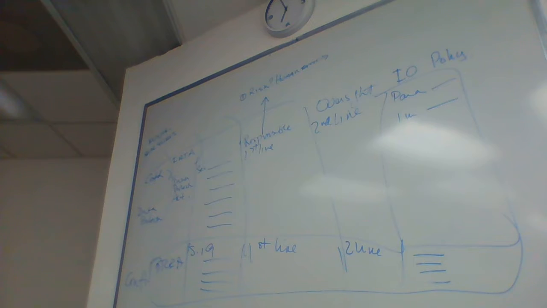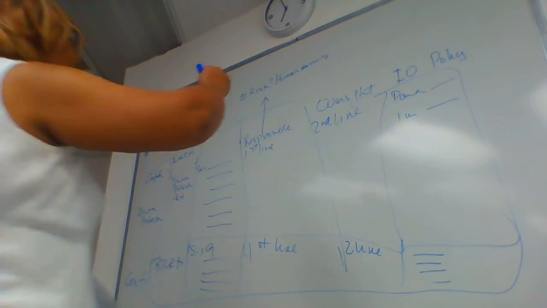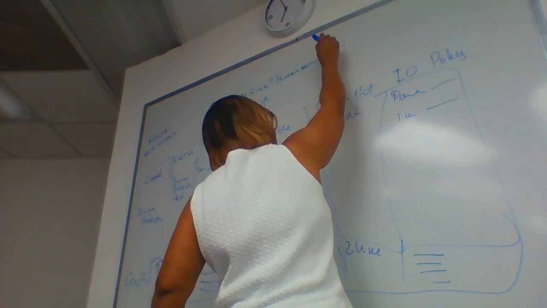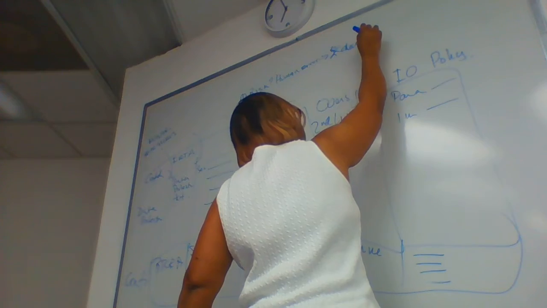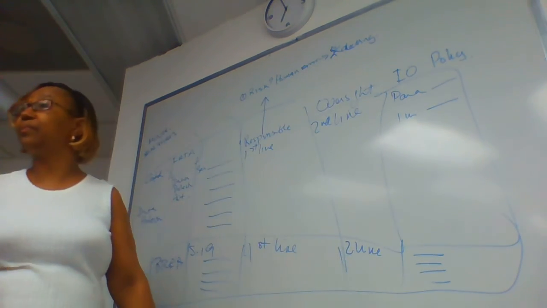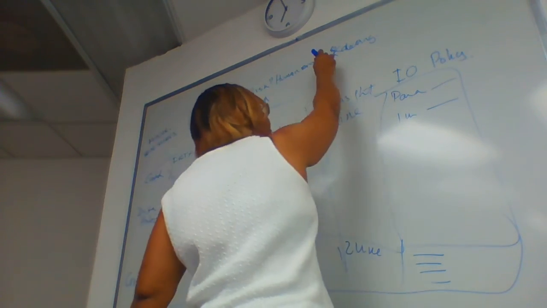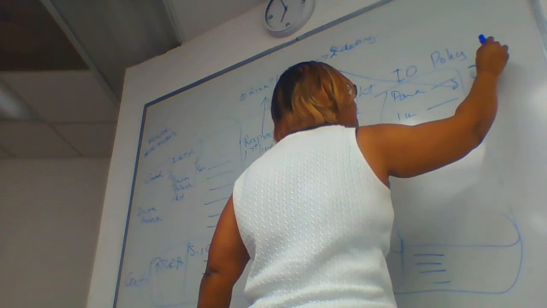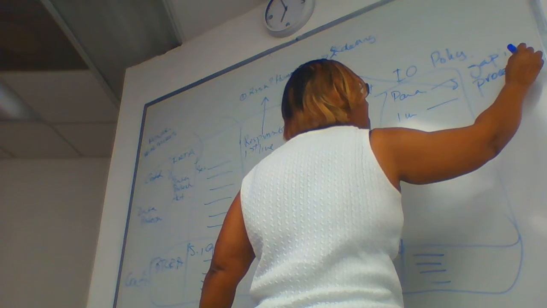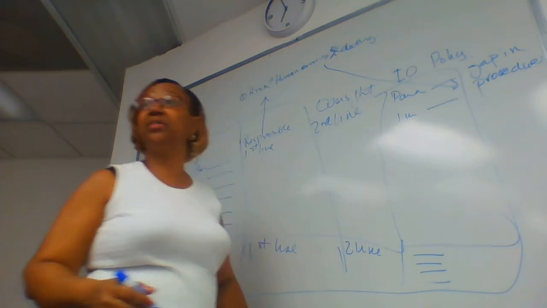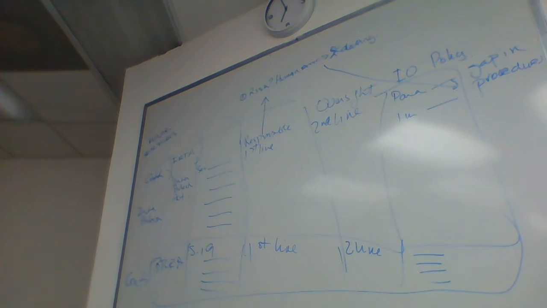So data input error tells you that someone is not checking, correct? What does that tell you? There's a weakness in there. There's a gap in the procedures. And you have to do it this way step by step in order to make your recommendations.